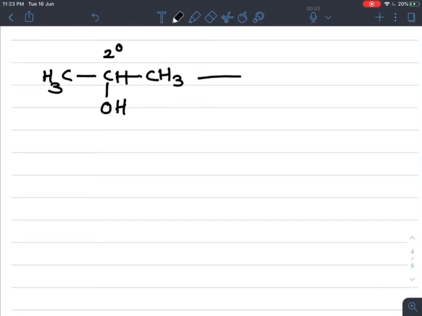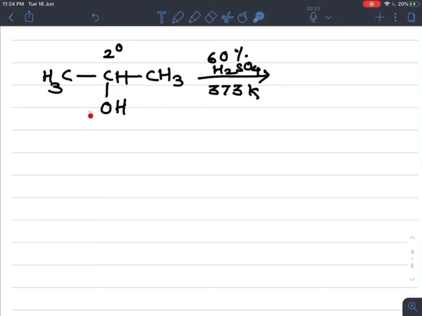Secondary alcohols are more reactive than primary. So here 60% concentrated H2SO4 is required, and this reaction takes place at a lower temperature than the primary, that is about 373 Kelvin. Now see what happened. The removal of a water molecule takes place: the OH from this carbon and H from the adjacent carbon. Either H is removed from this carbon or from that carbon.